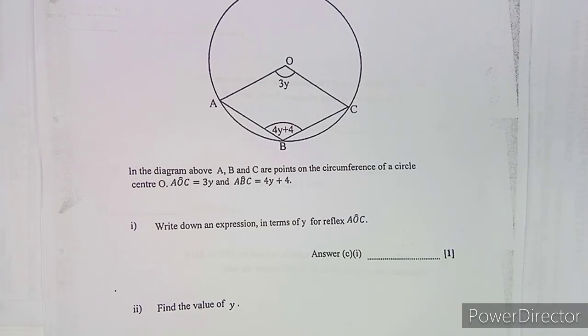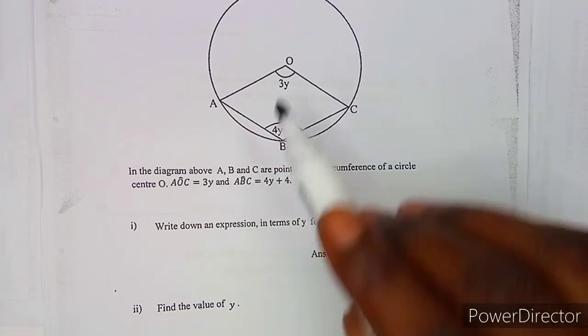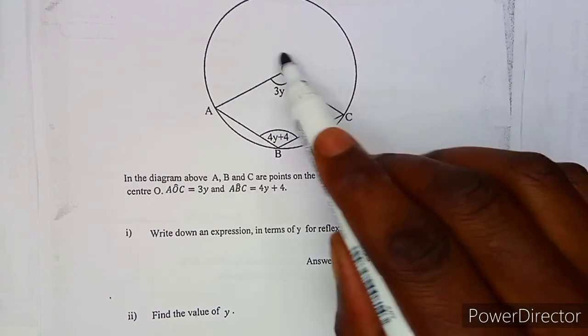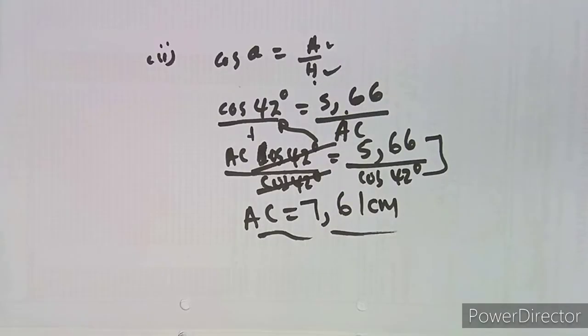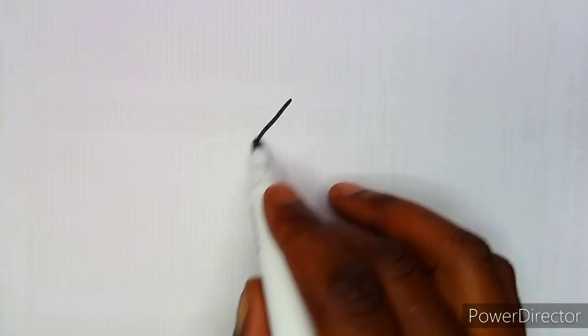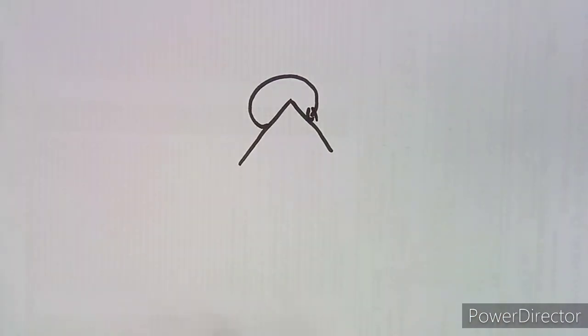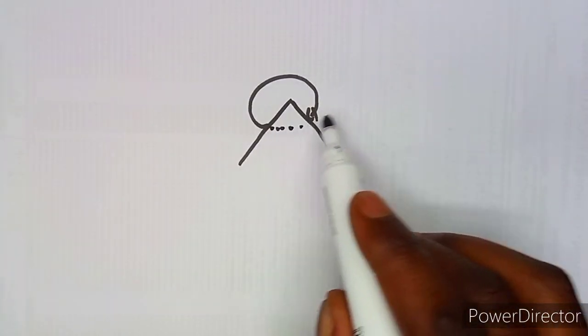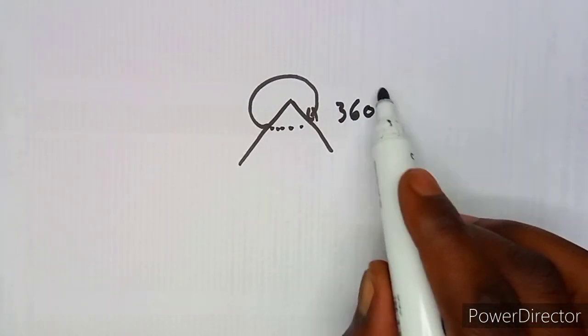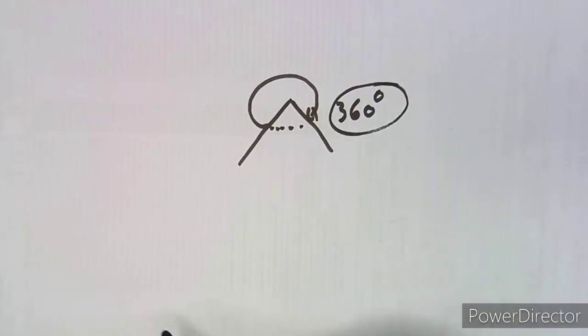So for the reflex AOC, we are referring to the angle which is this one. Remember, a reflex angle is indicated like this. That's how a reflex angle appears. And we know that angles at a point add up to 360 degrees, a complete revolution.